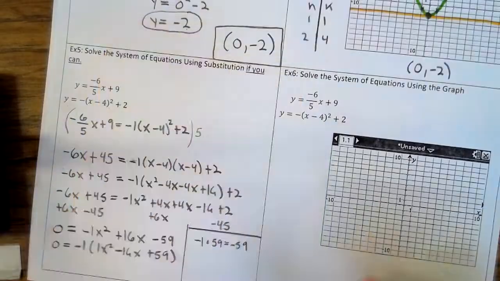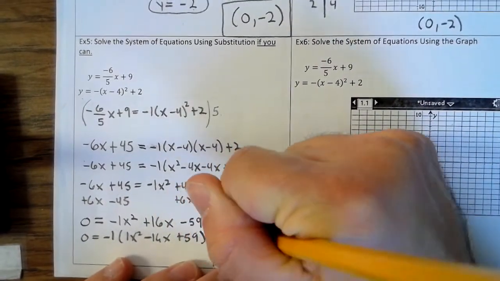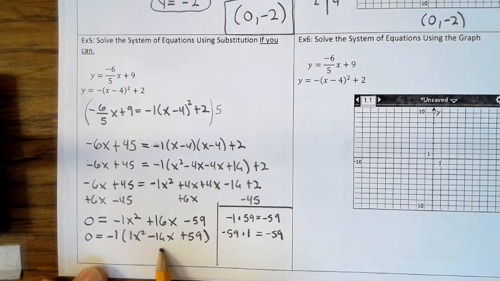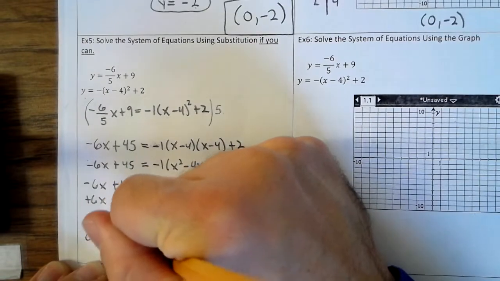The only combination that works is -59 times 1. Neither of these gives you -16, so we know it's not factorable.